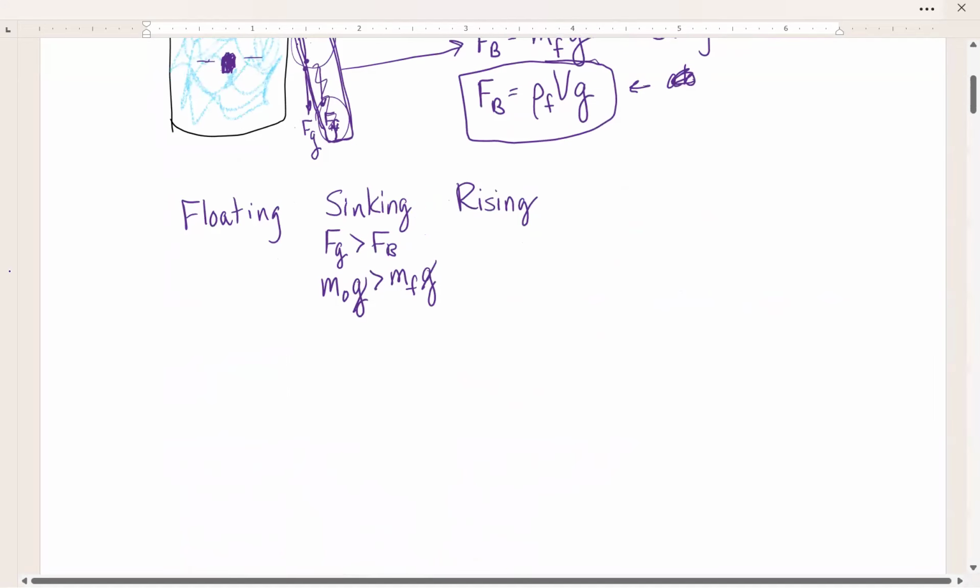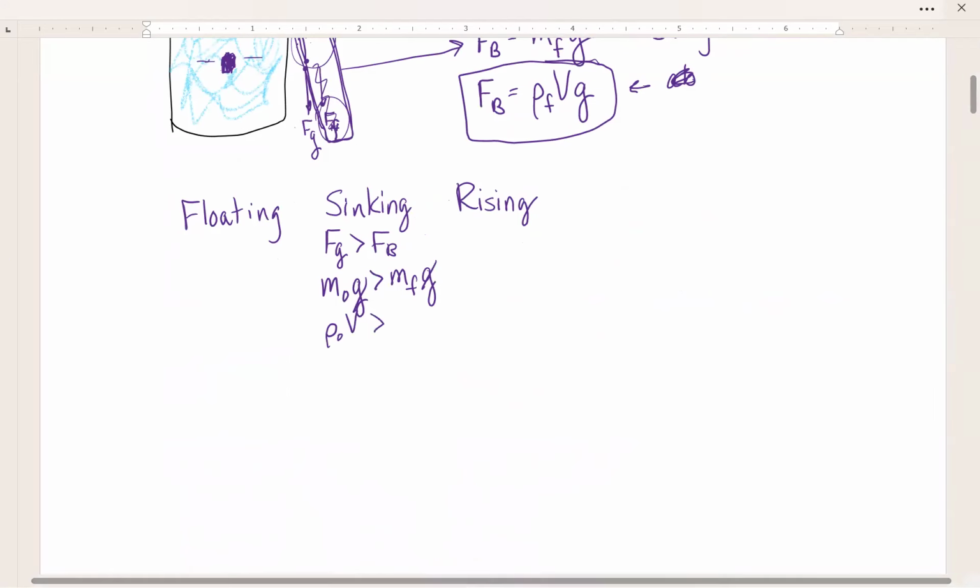The mass of the object is the density of the object times the volume, and the mass of the fluid is the density of the fluid times the volume. The volumes cancel. And so the density of the object is greater than the density of the fluid. Therefore, it sinks. You did that as an experiment in 6th grade. Now we've proven it mathematically.